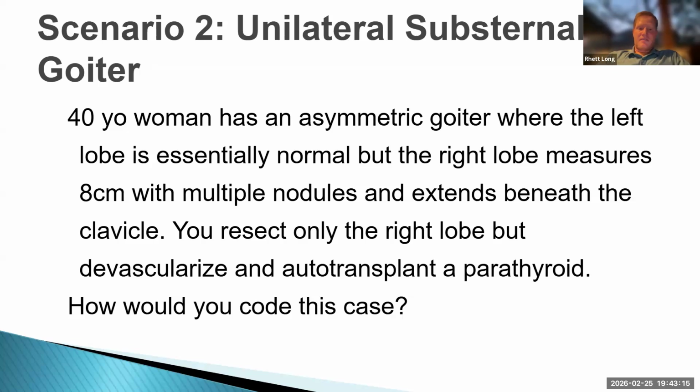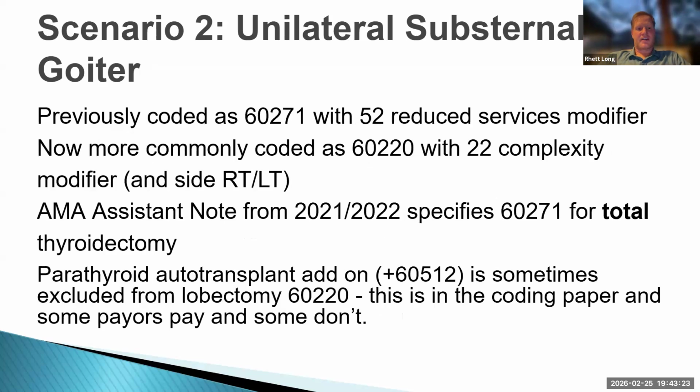Yeah, so I think one of my favorite endocrine codes is the 60271 because it has the highest reimbursement of all thyroid surgery, with the exception of the modified radical neck dissection. The trick with that is that this is a code that very explicitly says it's for a total thyroidectomy.